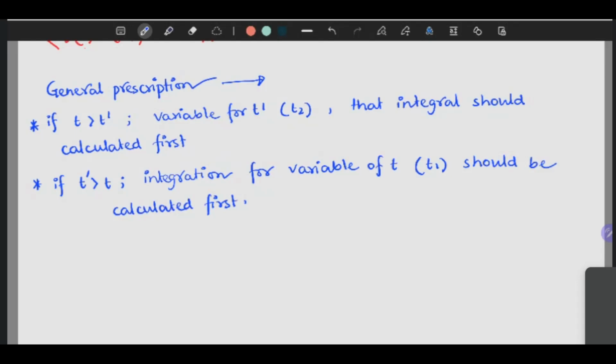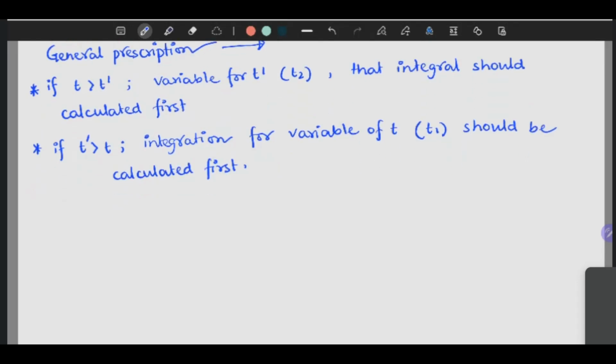So now you get this, now you can easily get the mean square displacement from this. Now how to get the mean square displacement?